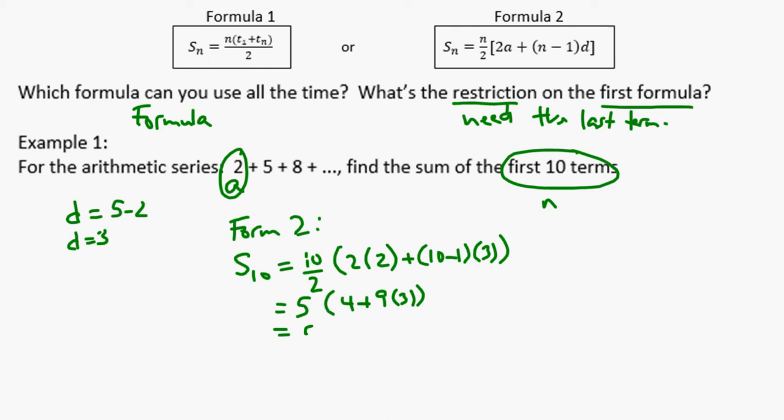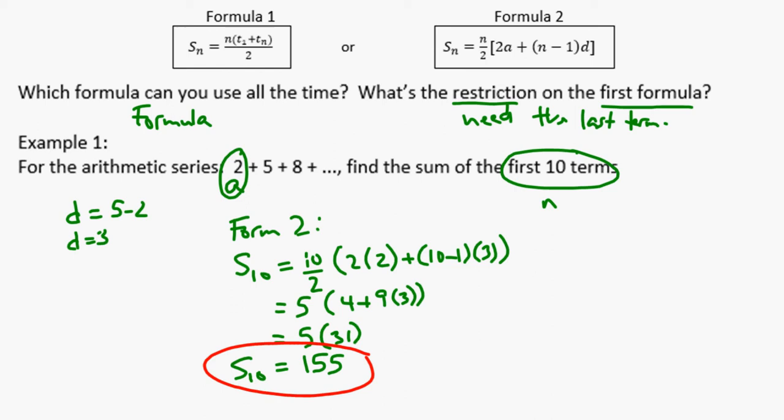So I have 5 times 4 plus 27 is 31. So therefore, S10, or the sum of the first 10 terms, is 155. So there is my answer. Done. It's pretty mild. Let's go to a medium question.